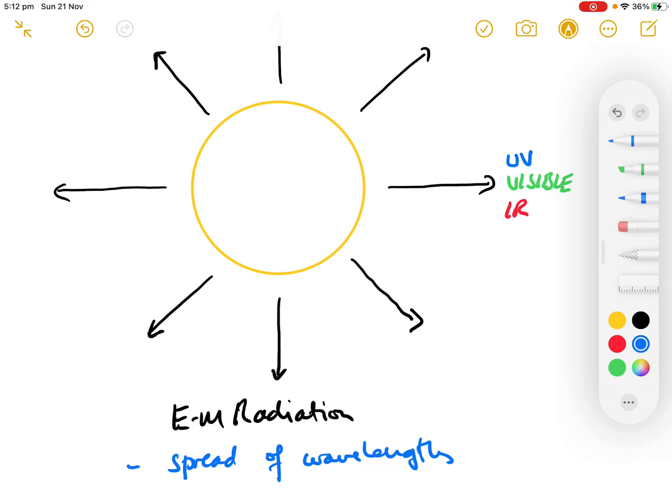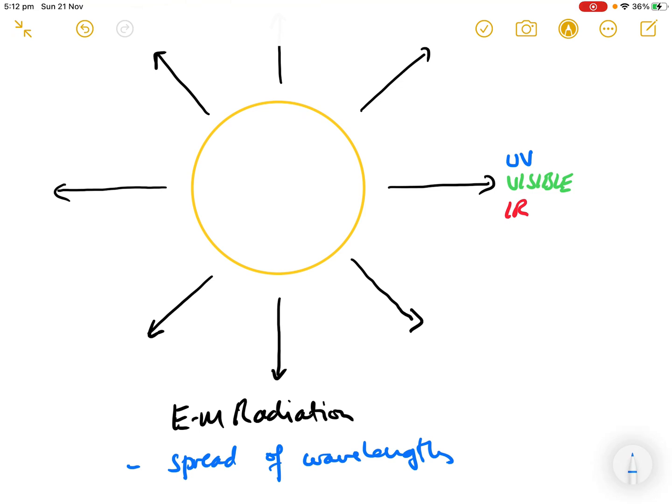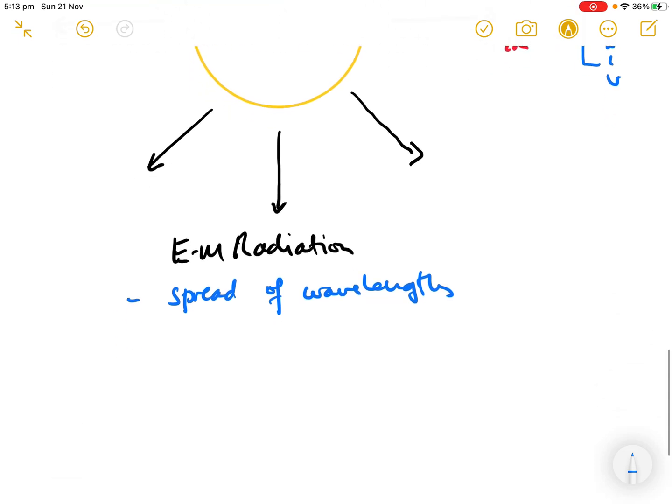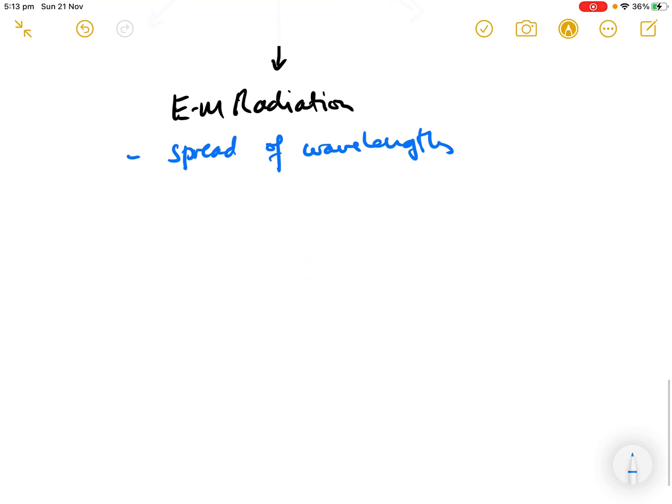The very fact that it's giving us white light is because the visible itself, of course, can be further subdivided into a whole range of colours: red, orange, yellow, green, blue, indigo and violet. So we've got this spread of wavelengths, fairly wide range. Now the way the spread goes though is not uniform.